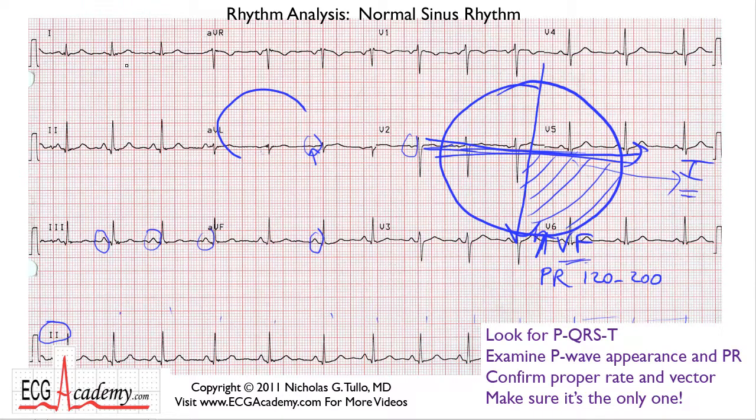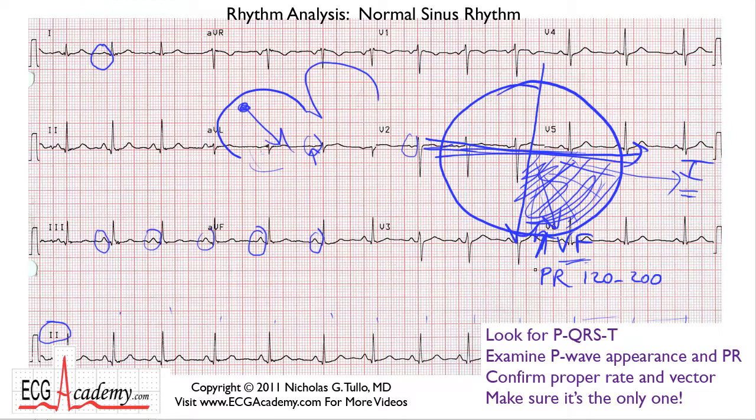And lo and behold, if you look at lead 1, it's upright, and if you look at AVF, it's upright. So that confirms that this P wave is traveling down into the left and is in this little quadrant here. Okay, that's just another way of establishing that the P wave is going in the normal direction. So therefore, it must be starting in the high right atrium and traveling down into the left.